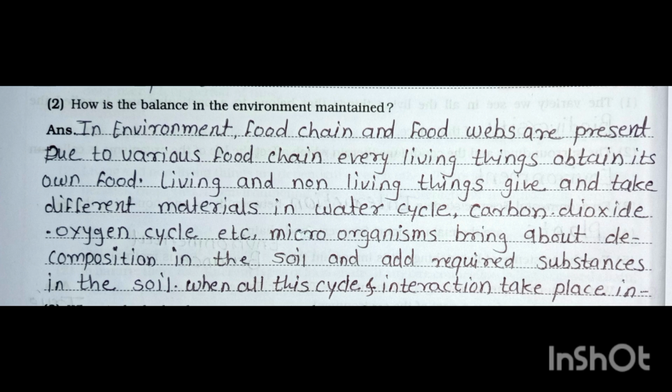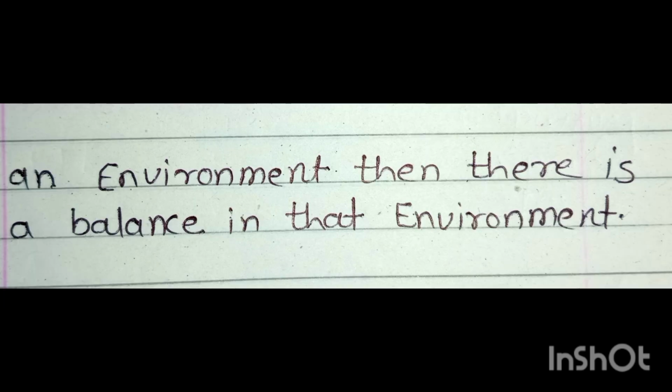Living and non-living things give and take different materials in the water cycle, carbon dioxide, oxygen cycle, etc. Microorganisms bring about decomposition in the soil and add required substances in the soil. When all these cycles and interactions take place in an environment, then there is a balance in that environment.